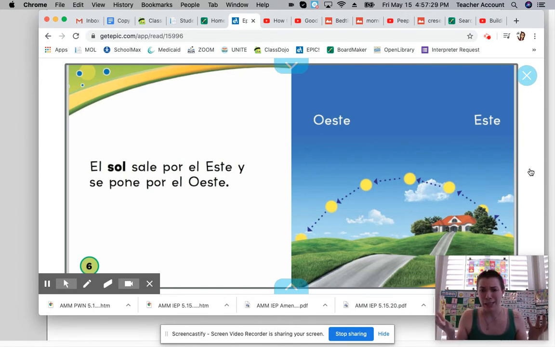So basically, when the sun comes up, it comes up in the east and then it goes down in the west. You guys don't have to worry about east and west. Just think of the sun as something that when it wakes up in the morning, it comes up, up, up, and then it goes down. It's kind of like a roller coaster. Woo! Or it makes like a hill, like it goes up, up, up, and down.